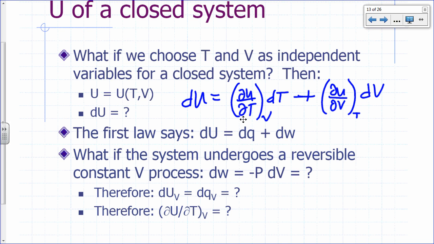All right. Now, the first law says that dU is equal to dq plus dw, right? So the amount of heat and amount of work that's transferred between system and surroundings. So what if your system undergoes a reversible constant volume process? Imagine a process where the volume is constant and it's reversible. So what's our dw in this case?